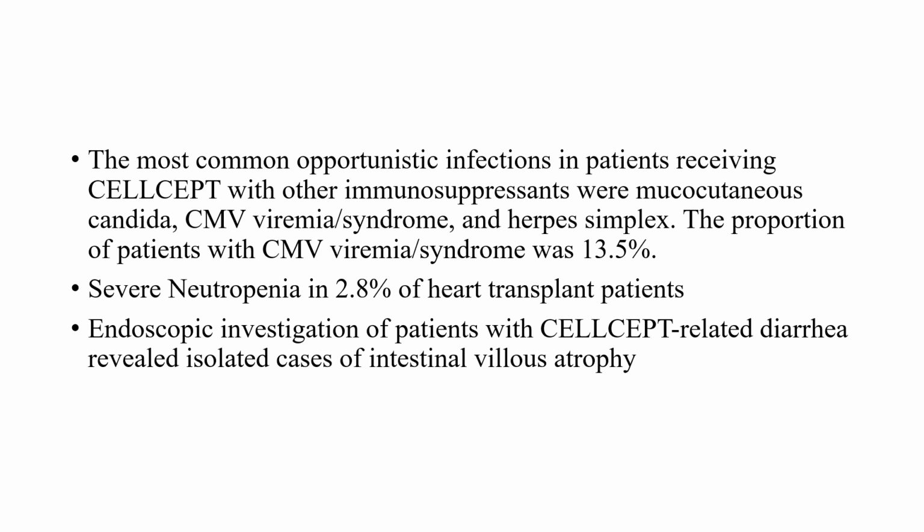And they reported that diarrhea is a very common adverse effect in patients receiving Cellcept, and endoscopic studies reveal there will be intestinal villus atrophy in patients receiving this Cellcept. So 3.8% severe neutropenia will be developing, and 13% patients will be developing CMV viremia syndrome in patients receiving Cellcept.